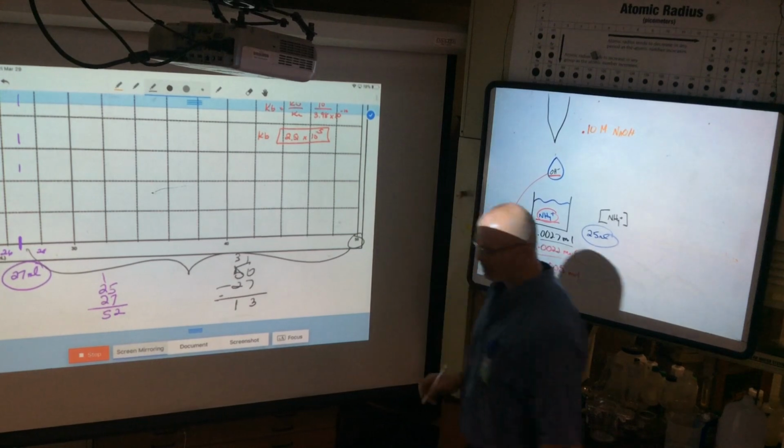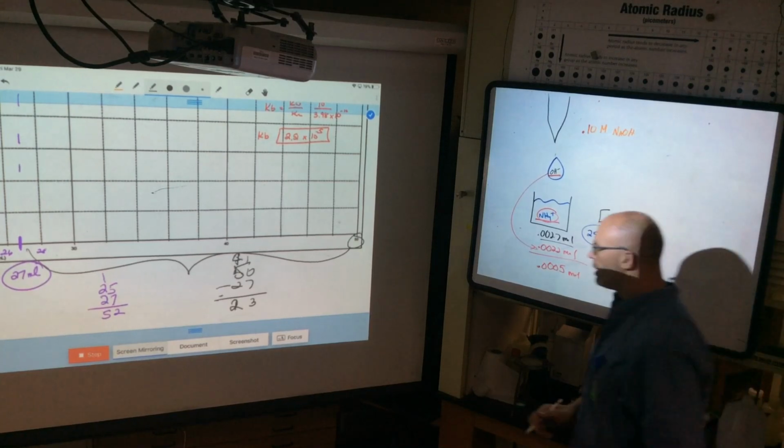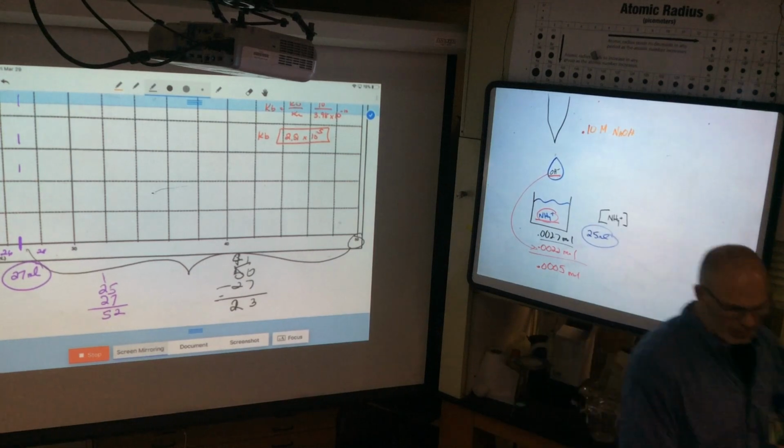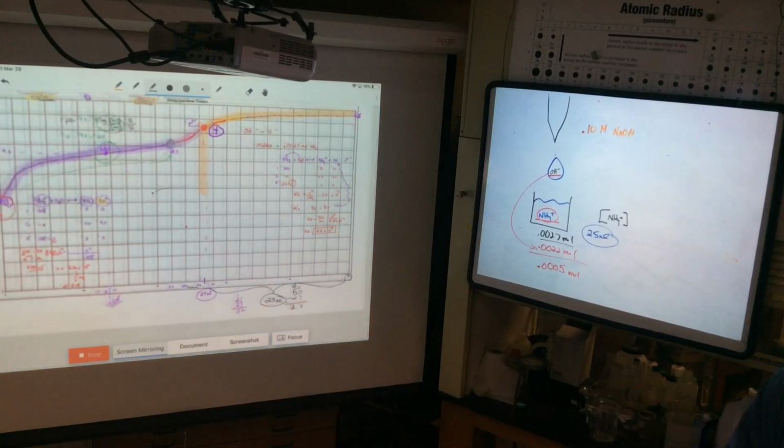No, 23, my bad. I'm doing it by hand. So 23 milliliters of extra base is added.